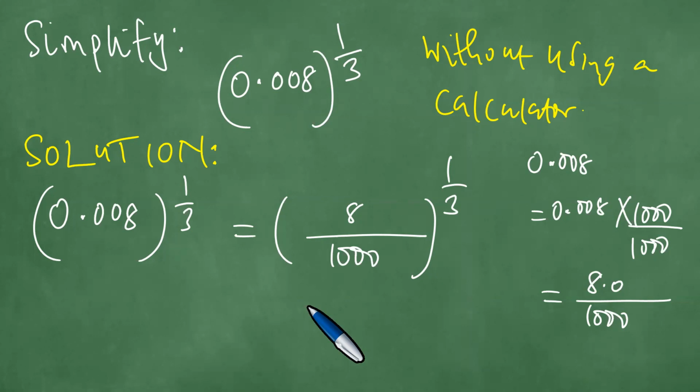So we continue. Okay, what is this? At this point you say 1,000 divided by 8.